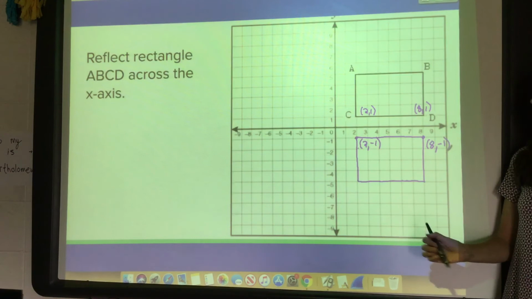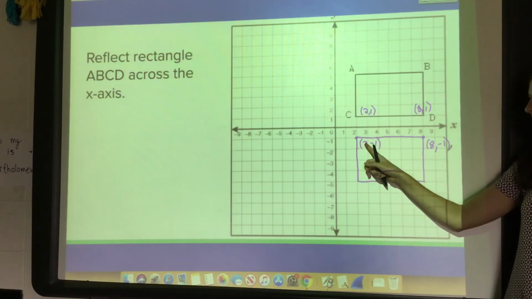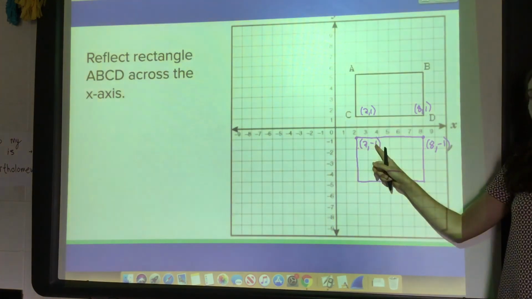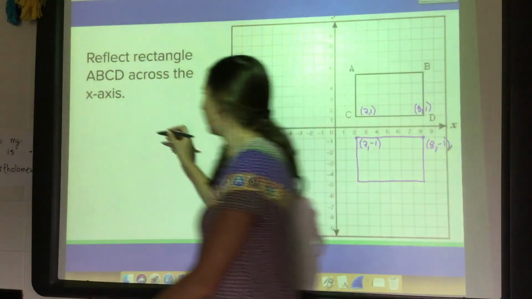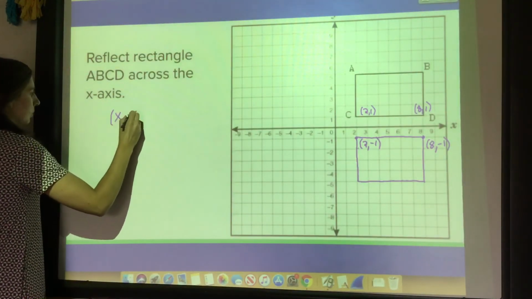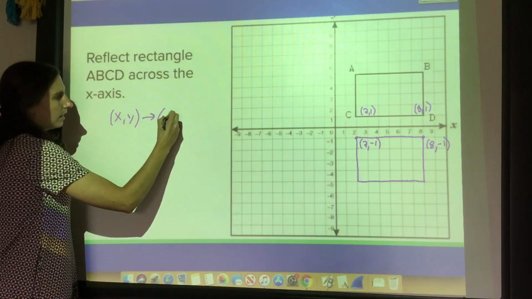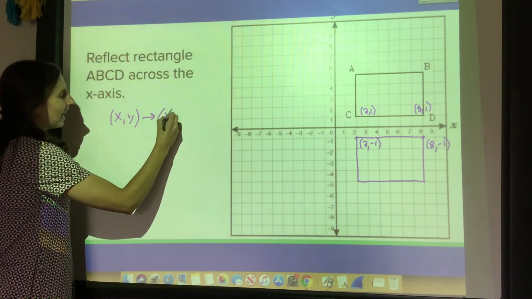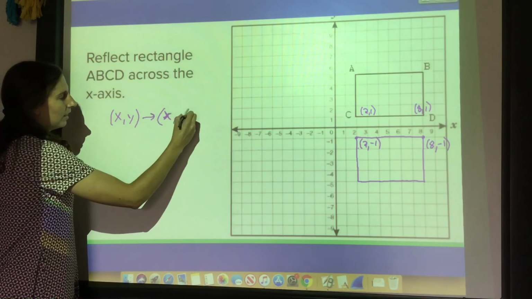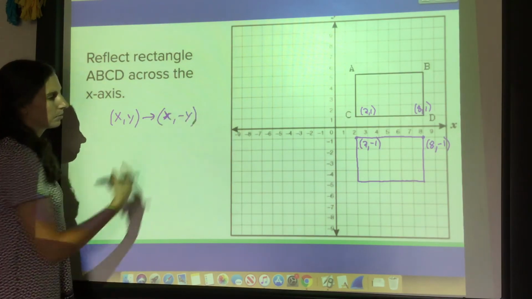So you'll notice here that the x value is staying the same and the y value is turning negative. So this rule would be x, y transforms to, nope, x stayed the same. x stays the same, y becomes the negative version.